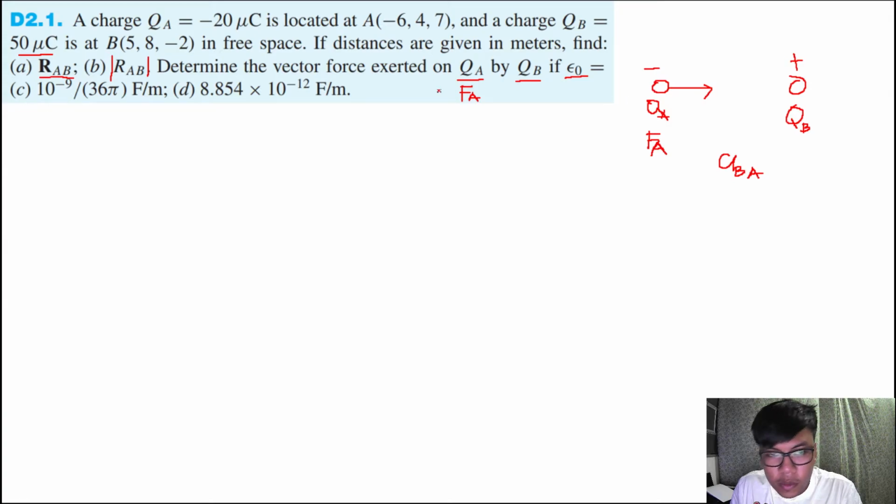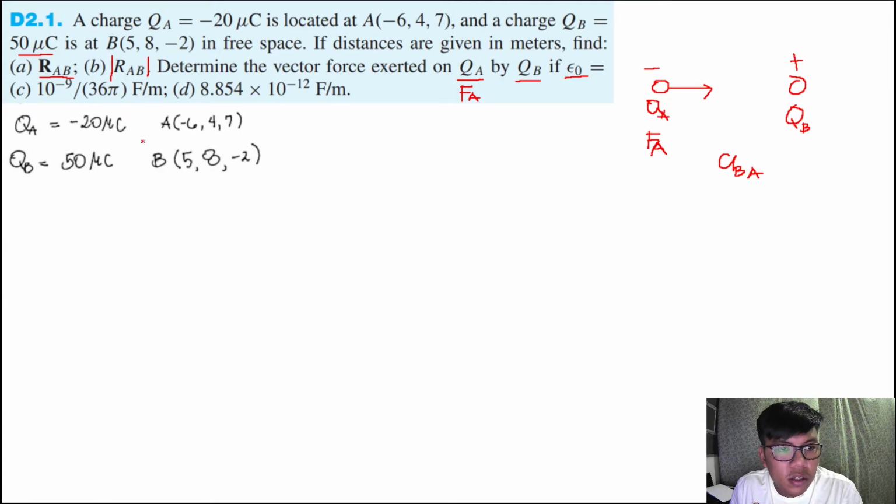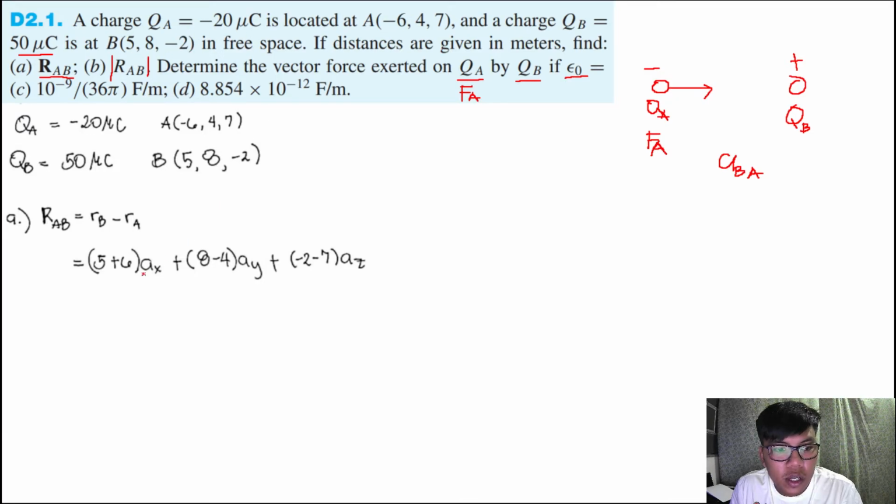Okay, so now let's have the solution. So we have the charges and the location. So we have now RAB. Nahanap sa atin yung RAB is equal to RB minus RA, you know? So, we have simply 5 plus 6. Bakit naging 5 plus 6? Kasi 5 minus negative 6, that is positive, you know?